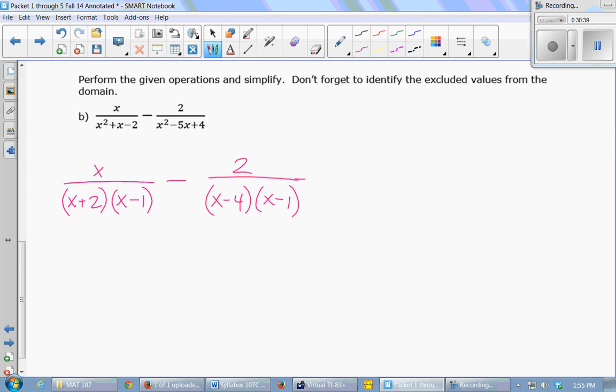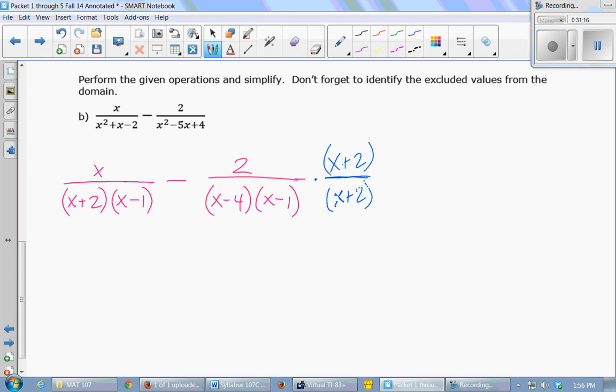Do these two denominators already have any factors in common? Yeah, they both already have an x minus 1. So I don't have to give either of them an x minus 1 factor. But if I wanted these two denominators to be the same, for the fraction on the right, I would want to give its denominator an x plus 2, and I have to multiply the top and bottom by that.